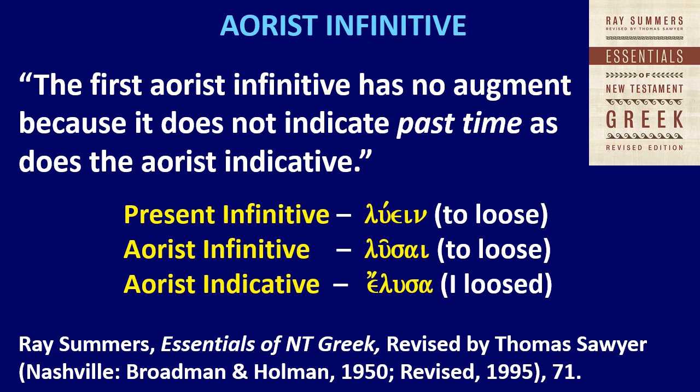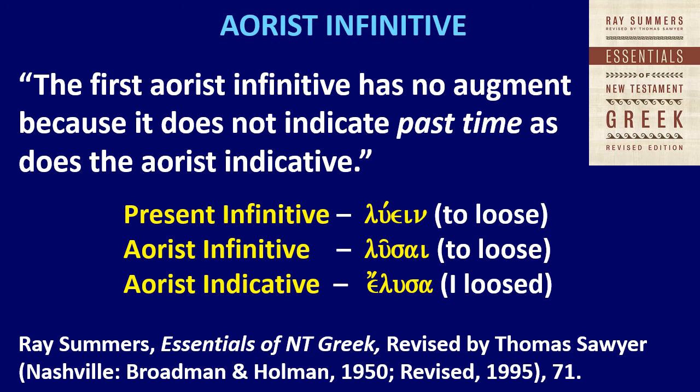For example, look at the yellow highlighted words that I put up on this particular slide. The first one is the present infinitive form, luein, meaning to loose, followed by the aorist infinitive, lousai. Now, neither infinitive form has an augment, but when you come to the aorist indicative, elousa, I loosed, you'll see that it does have the epsilon augment there.